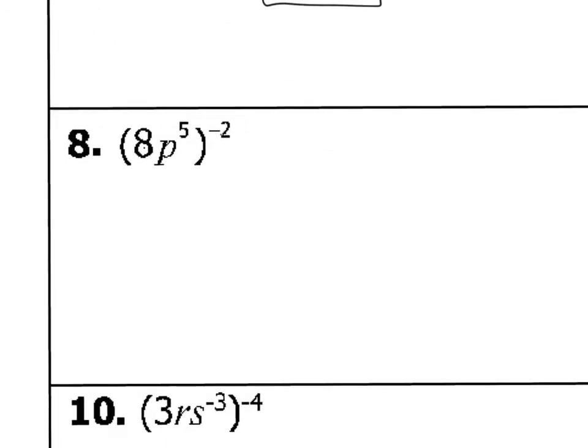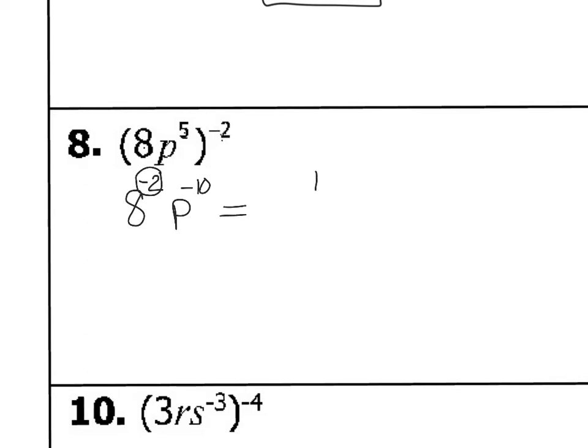All right. 8 to the -2. We're going to write this down for right now. 8 to the -2, and then p to the 5 to the -2. So it's a power to a power. That's going to be p to the -10. Now, even though 8 is a number and not a variable, it has a negative exponent.